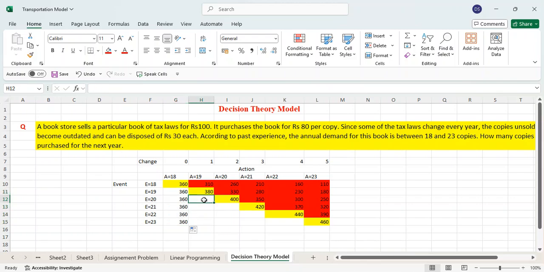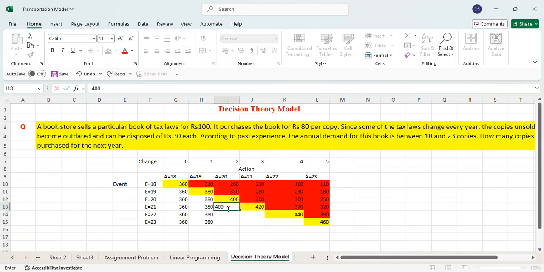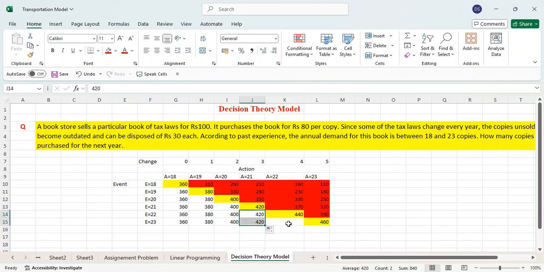Whatever the market demand, but I kept 19 books, then I get 380 rupees. Then all the books are already sold out. Similarly 400, all the books have been sold out. Similarly 420, as market demand is higher, all the books have been sold out and I get a good amount of profit, that is the maximum profit.